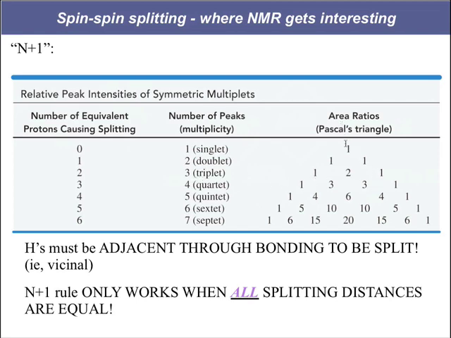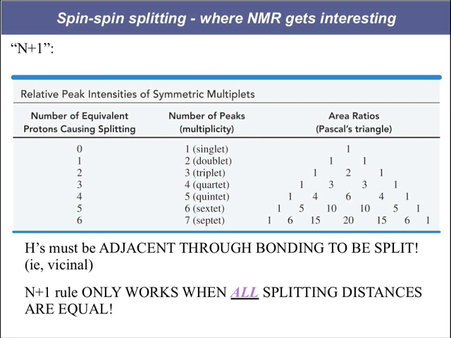This is Pascal's triangle, where you take ones along the sides, and you say 1 plus 1 makes 2, 2 plus 1 makes 3, 3 plus 1 makes 4, 4 plus 1 makes 5, and you fill in all of these sums, you get this pattern.